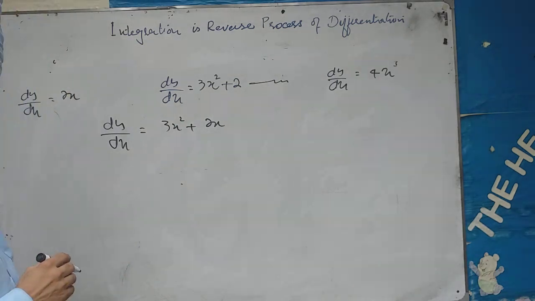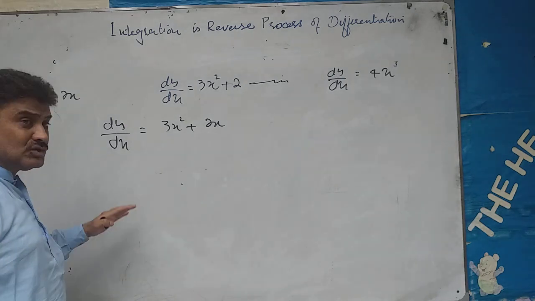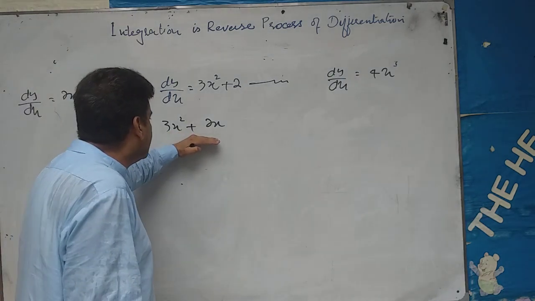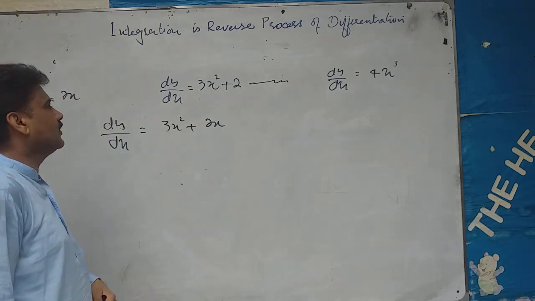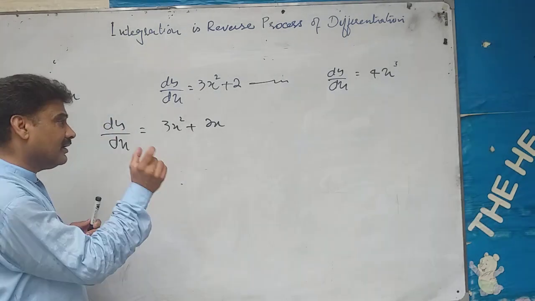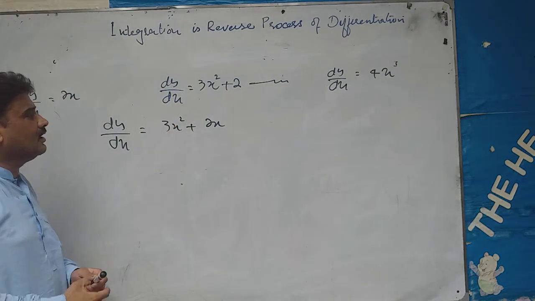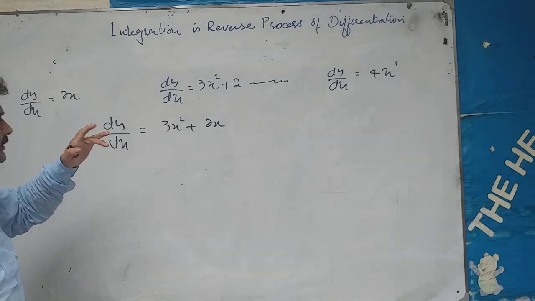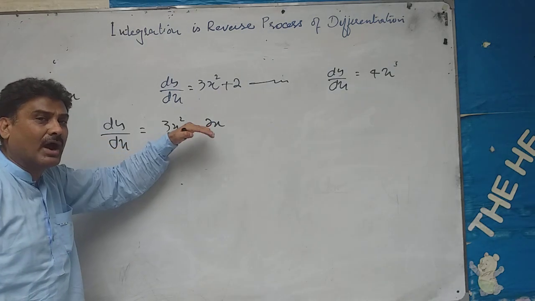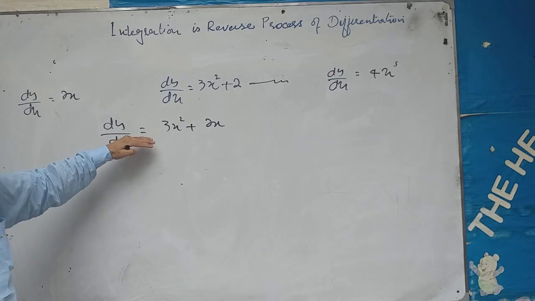It is a gradient function and we now want to find the actual function whose gradient function is given. We now apply the process which is the reverse of differentiation, which is called integration. We have to integrate this function to find the original function.